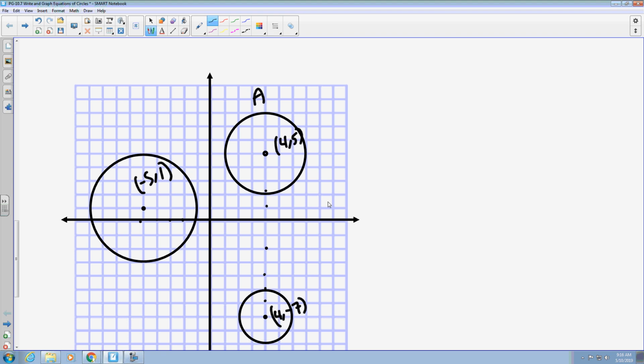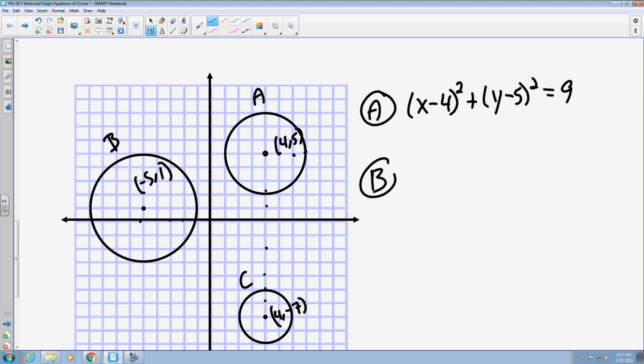So if we call this circle A, call this circle B, call this circle C. To find the equation for circle A, it's going to be x minus 4, because it's the opposite, quantity squared, plus y minus 5 quantity squared is going to equal the radius squared, which is 1, 2, 3. 3 squared is 9. For circle B, it's going to be x plus 5 quantity squared, because it's the opposite, plus y minus 1 quantity squared is going to be equal to the radius, which is 1, 2, 3, 4 squared, which is 16.